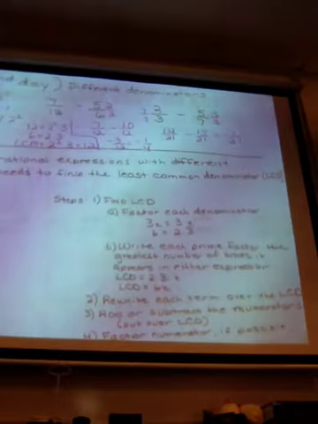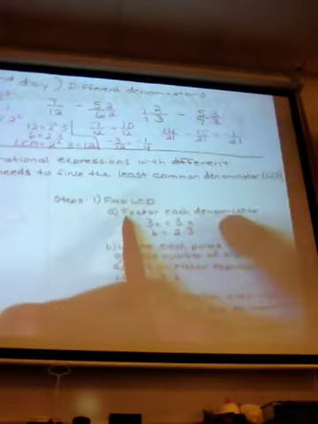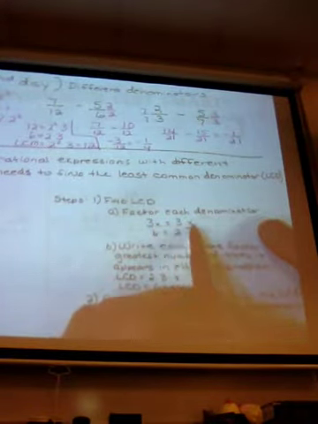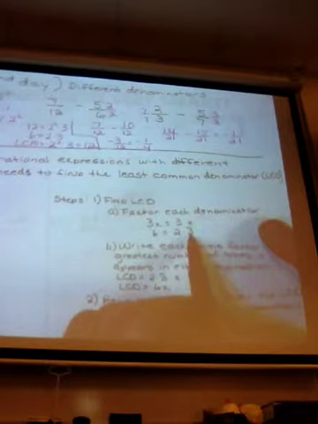So now, let's apply the same process to rational expressions. To add and subtract rational expressions with different denominators, you need to find the least common denominator. To find it, this is what I've been talking about. Factor each denominator. So if we have 3x, we have 3 times x. 6 is 2 times 3.